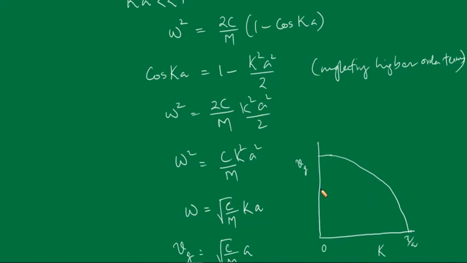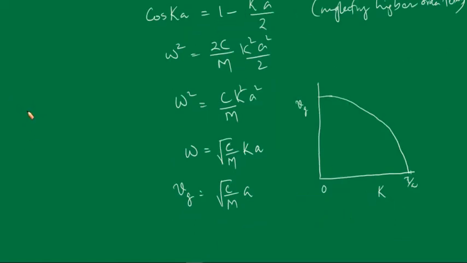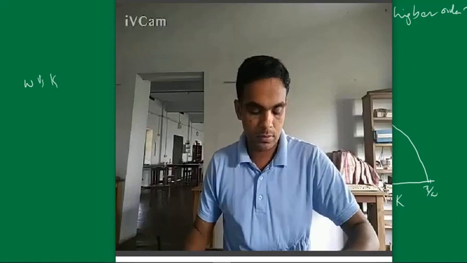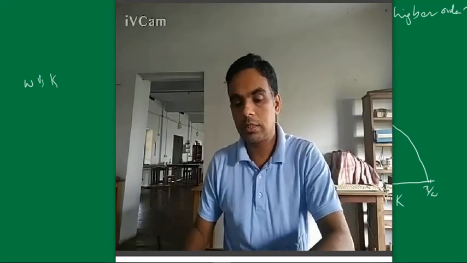So this is the graph of group velocity. We have plotted the omega versus k graph in the last class. If you take the slope of this curve, then also you will get the group velocity curve. That is about the group velocity in the monoatomic case. The diatomic case we will see in the next lecture.